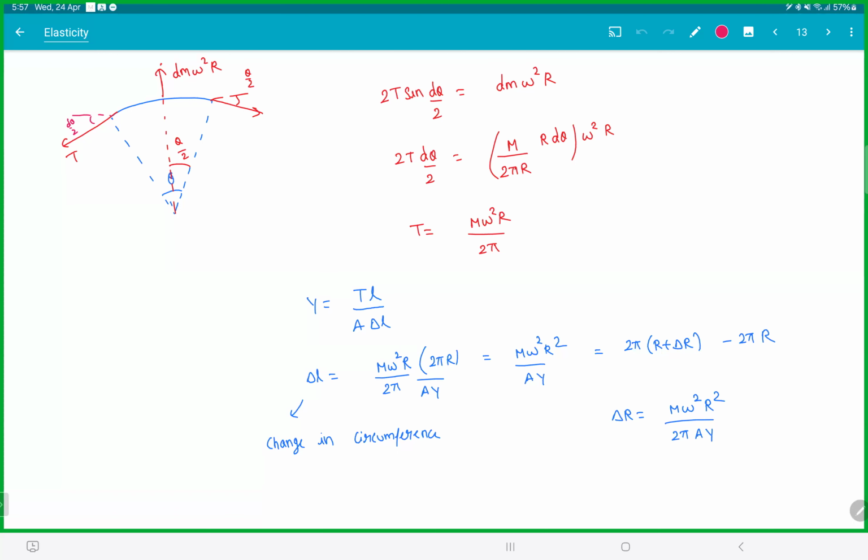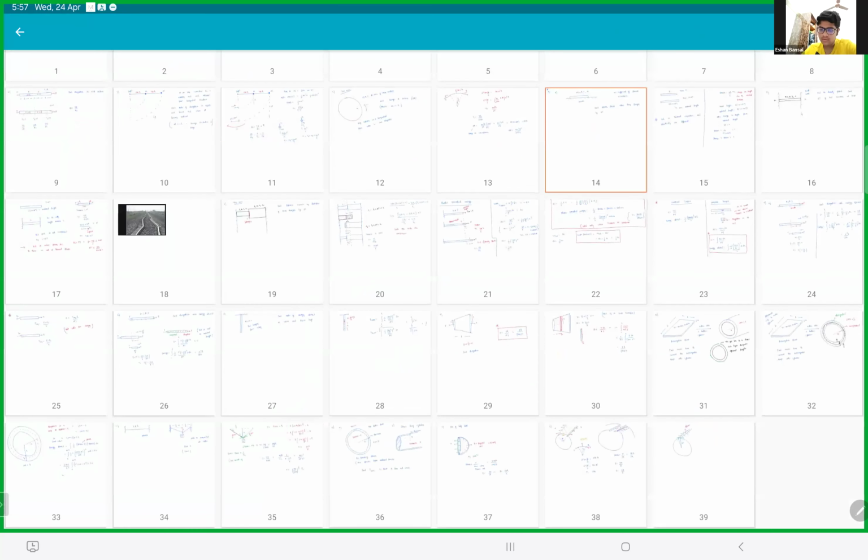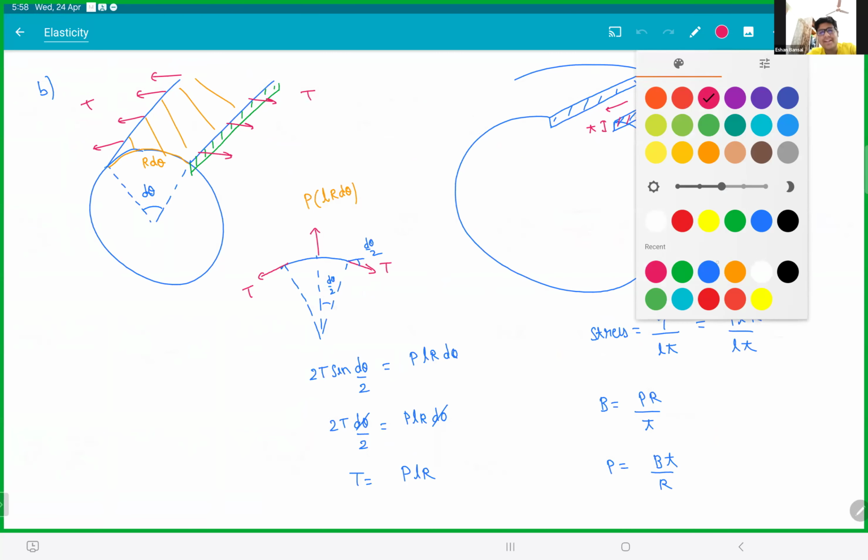If you take a small section like this, this is how the element would look. You're getting this, and that arc length will be R d theta here. I thought the diagram is clear, right? This is one of my best diagrams. You couldn't understand this.